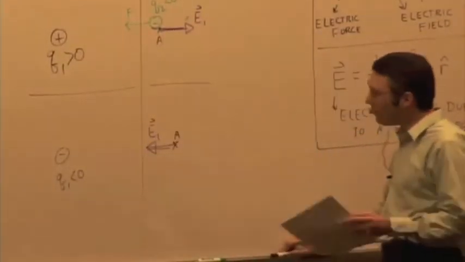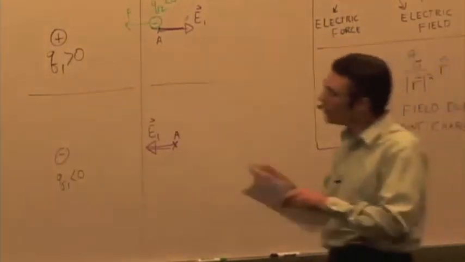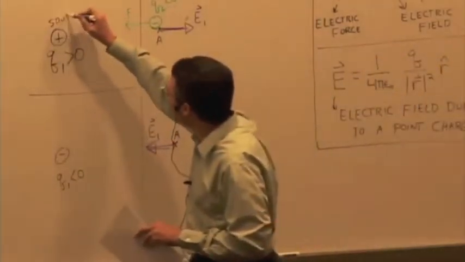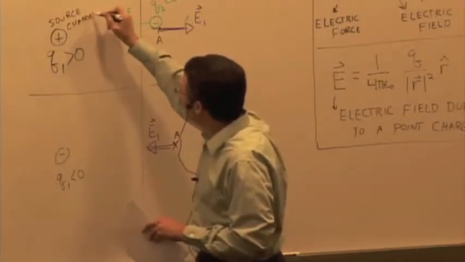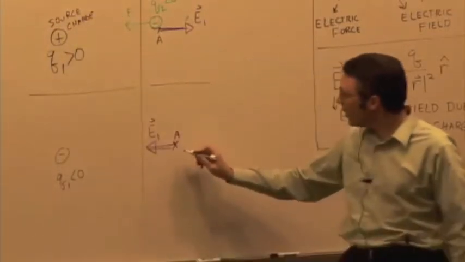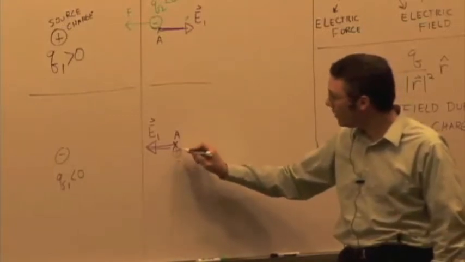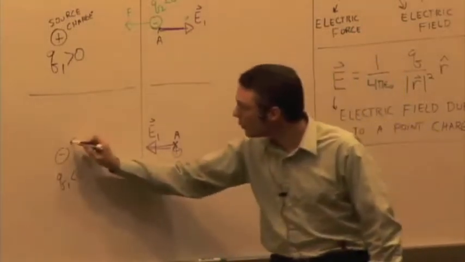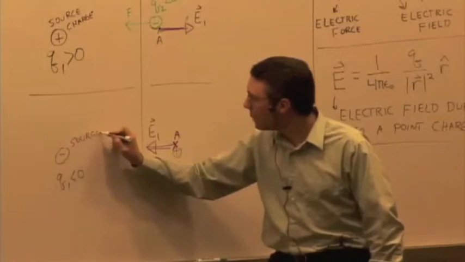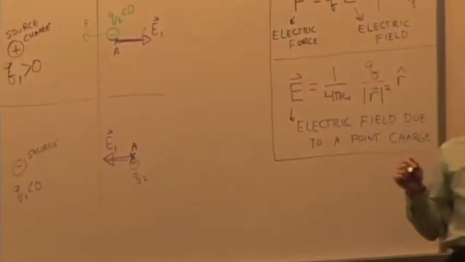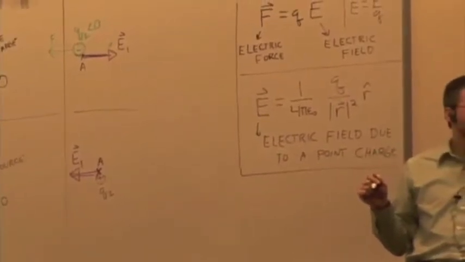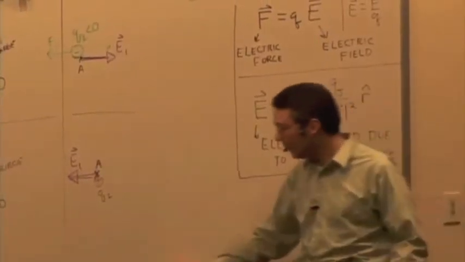Just to distinguish, we call this the source charge. If I'm placing a second charge there, call it Q2, a positive here, then the force should be in what direction on that second charge? Same direction as the electric field, okay?